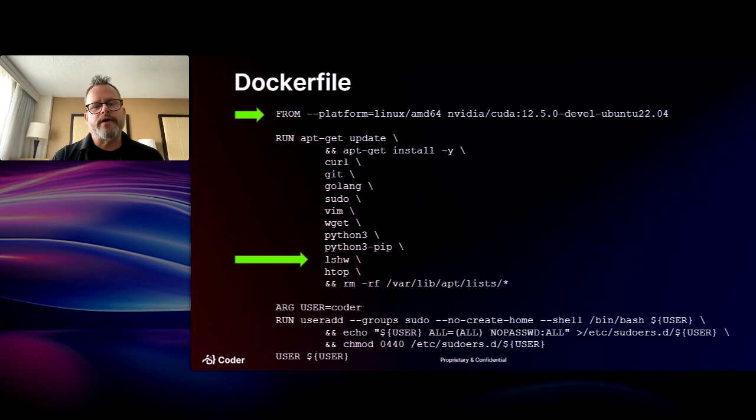This is the Dockerfile that I created. If you've ever seen the Coder Dockerfile, this is going to look really familiar. Essentially, instead of pulling from Coder Enterprise, I changed this to pull from the NVIDIA CUDA image.